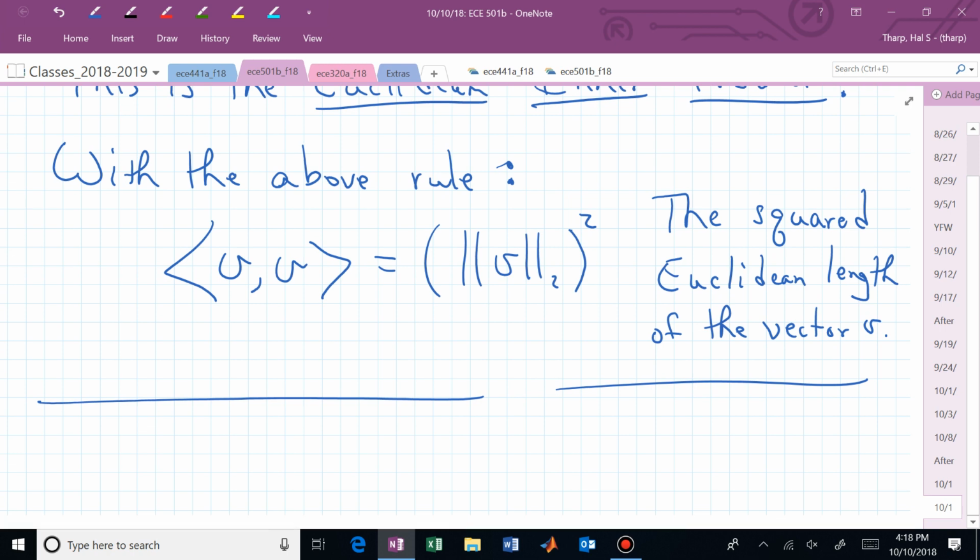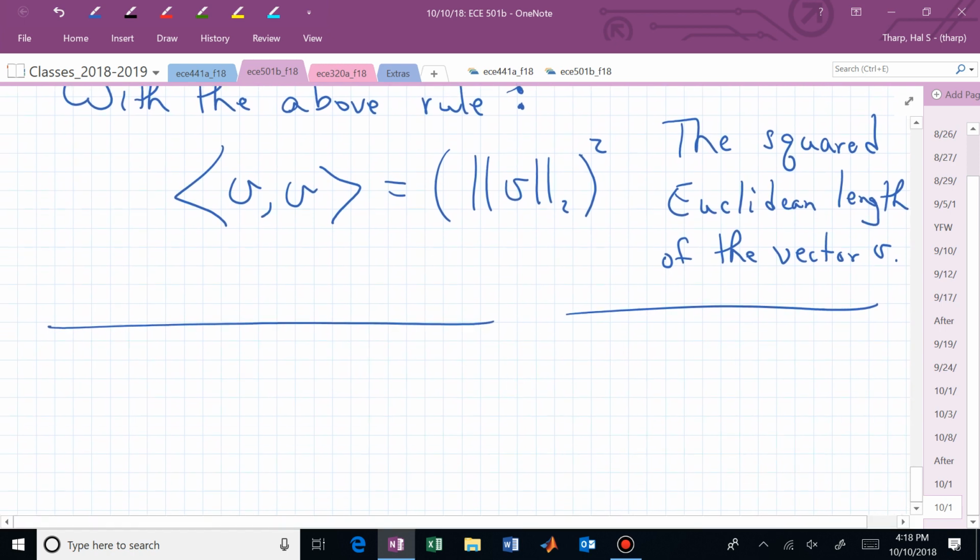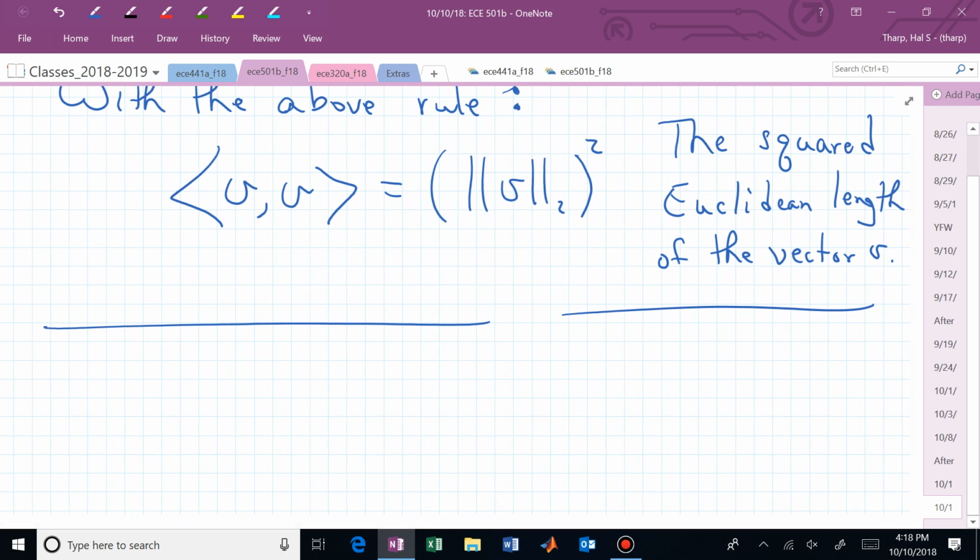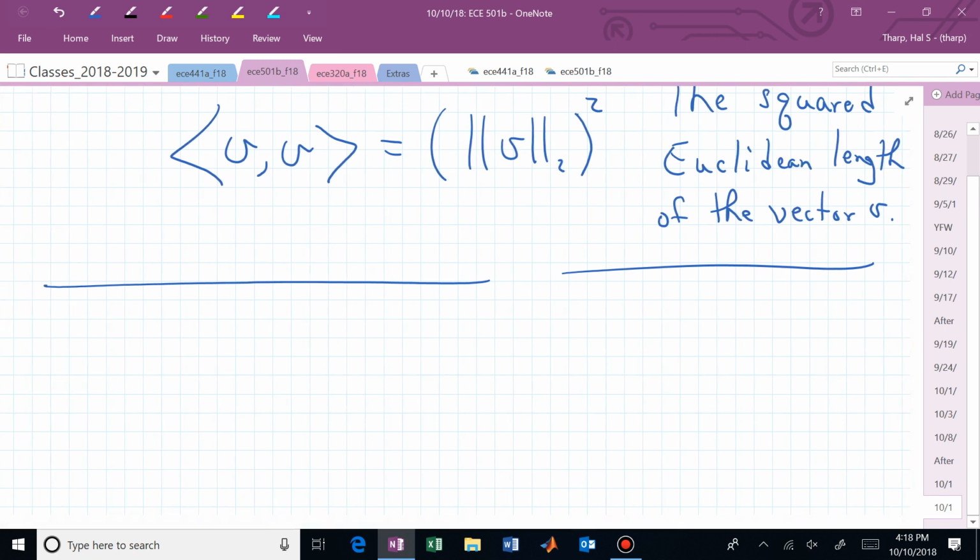And that is kind of warm and fuzzy. So that's the 2 norm. Or we can think about the inner product being consistent with the 2 norm.